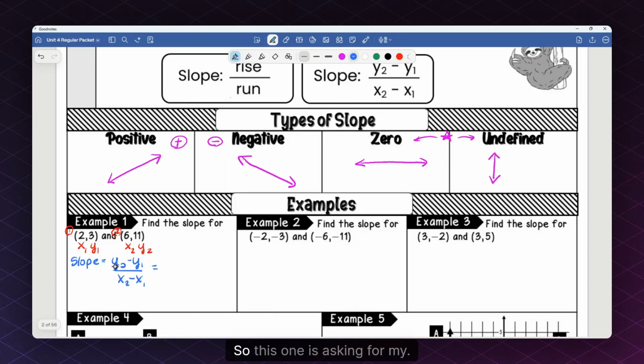Okay. So this one is asking for, let me get my highlighter, my y2. My y2 is this one here. Okay, so we got 11. And then we're going to do that minus part, minus y1. So my y1 is this right here.